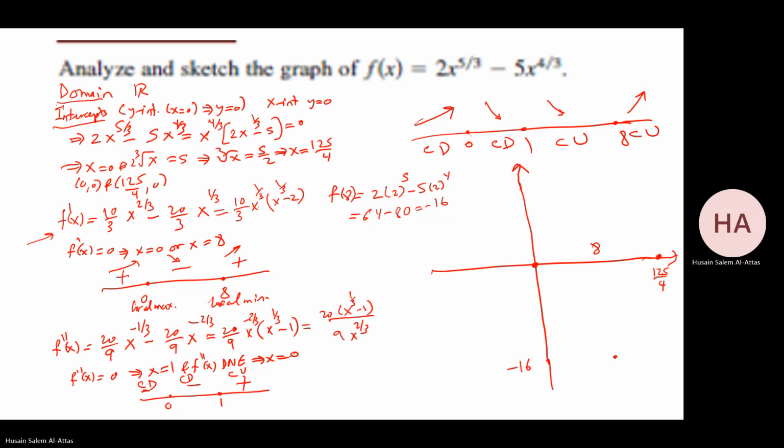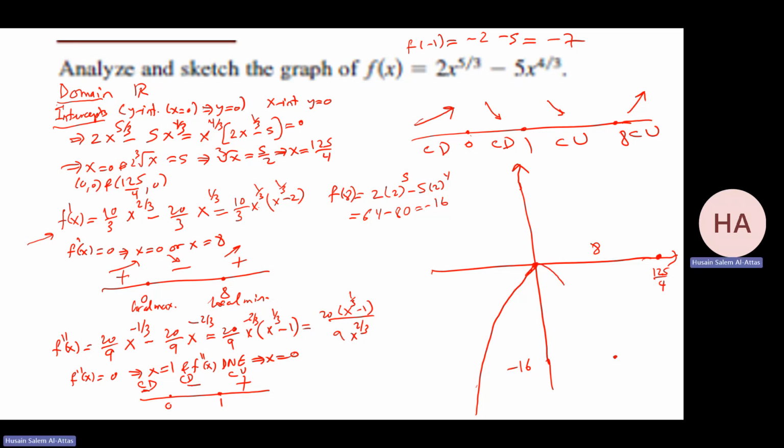Okay. Now what will happen? Before 0, the function is increasing and concave down. So it will do something like this. Take a value, minus 1. F of minus 1 will be minus 2 minus 5, which is minus 7. So it will be something like this. Now, between 0 and 1 it is decreasing and concave down.